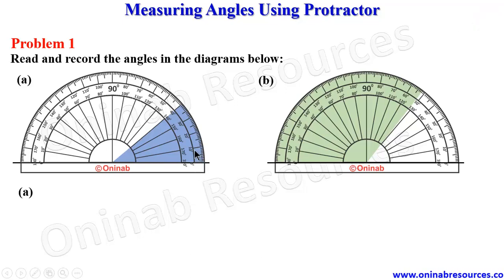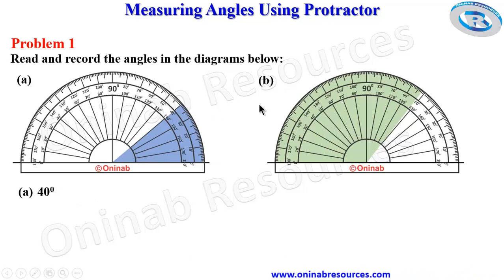So we are going to use the anti-clockwise calibration. If you look at it now, this is the straight line, this is 10, 20, 30, 40. So the shaded part ends at 40 degrees and that gives the angle to be 40 degrees.